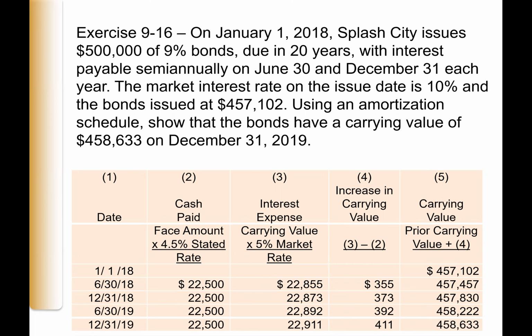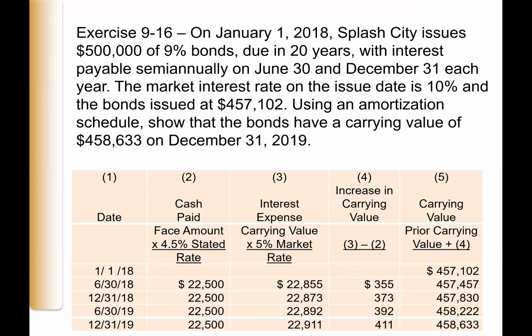The market interest rate on the issue date is 10%, and the bonds issued at 457,102, which means it's at a discount. Using an amortization schedule, show that the bonds have a carrying value of 458,633 on December 31st, 2019.